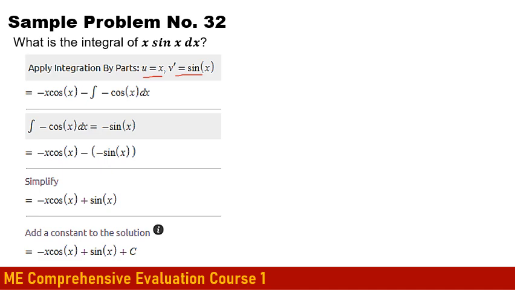So we will have u equal to x, then our v is the negative of cosine x, that's why we have negative x cosine x here, minus the integral of v du. Our v is negative cosine x and the derivative of u is dx. So the integral of negative cosine x dx will become negative sine x, so that it will become like this. And simplifying it, we will get negative x cosine x plus sine x plus c.